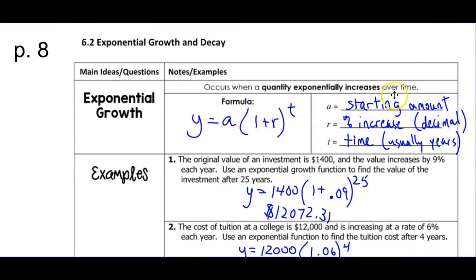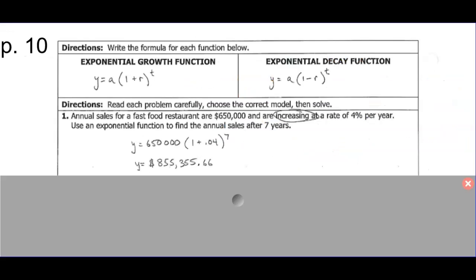Just remember on page 8, you're responsible for these 3 things, A, R, and T, and for being able to read a word problem and plug the parts into the formula. Starting on page 10, there are some practice problems on 10 and 11. You should write down the parts. You should also practice writing down what A, R, and T are.